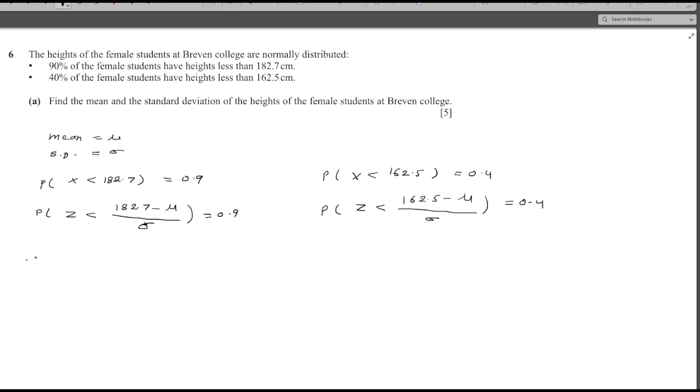So therefore here your (182.7 minus mu) divided by sigma will be equal to phi inverse of 0.9, and (162.5 minus mu) divided by sigma is equal to phi inverse of 0.4.